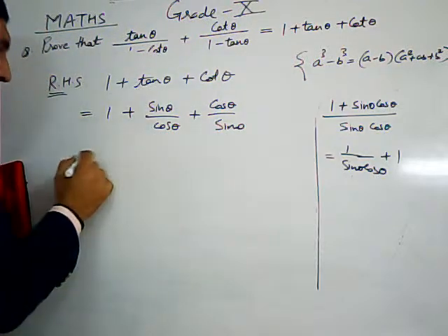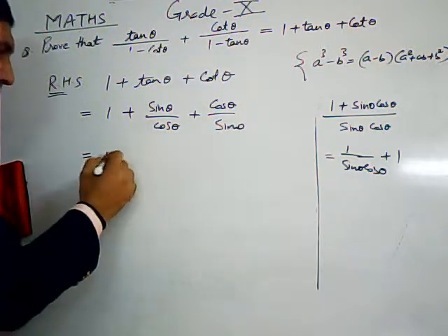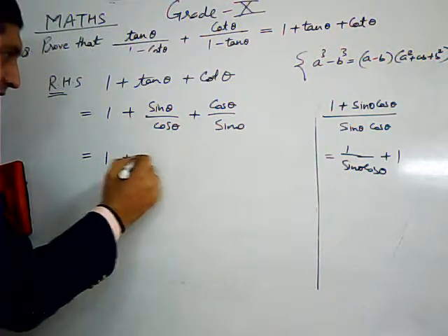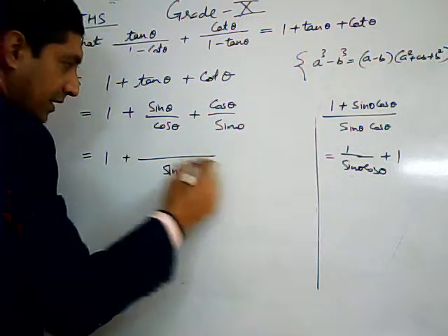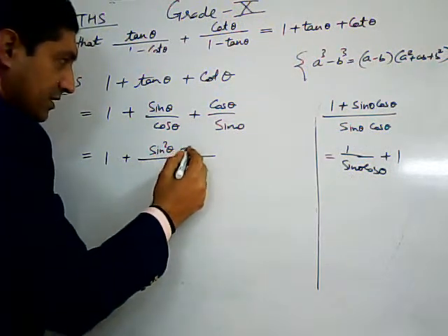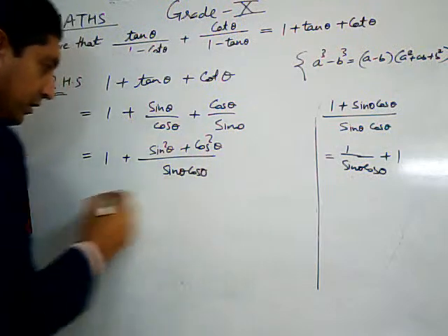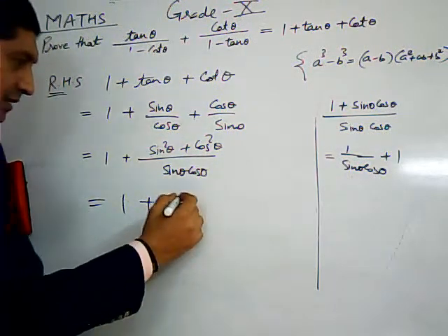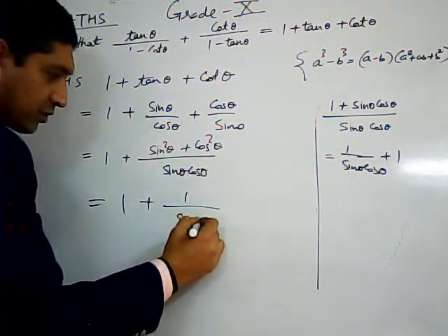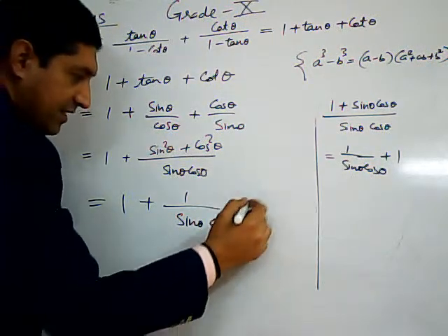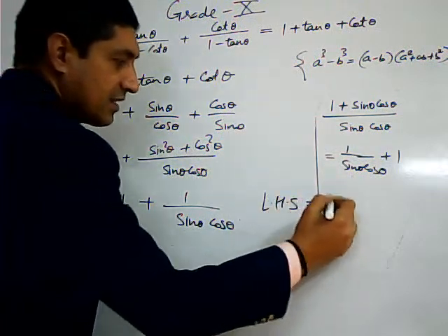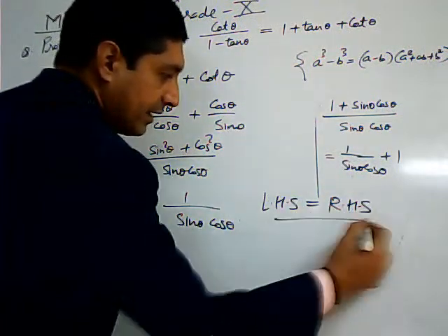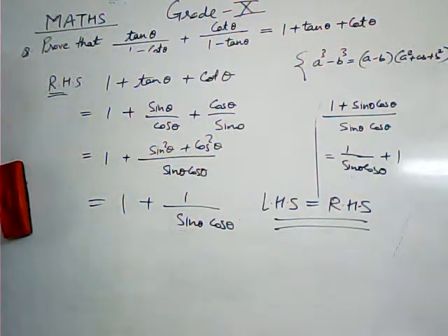So here also we can take the LCM, that is sine theta cosine theta, and here is sine square theta plus cosine square theta, that is 1. So we have 1 plus 1 upon sine theta cosine theta. So both left hand side and right hand side are equal. Therefore, left hand side is equal to right hand side, right?